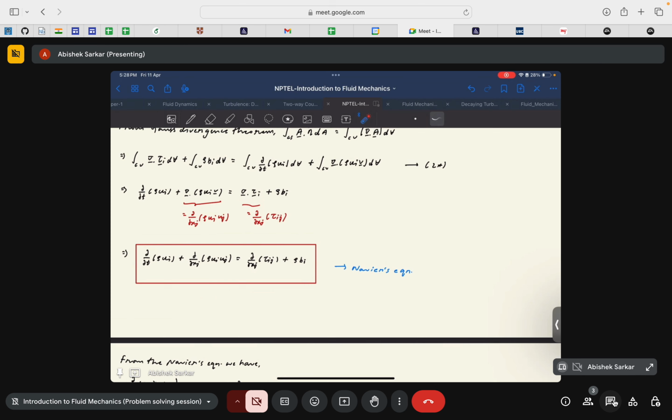Of course, that is found through experiments and analysis. So in that case, the starting point of your analysis should be the Cauchy's momentum equation, and not the Navier-Stokes equation. That's why this is a very important equation and is the more generalized form of momentum conservation of fluid motion. So that's the importance of this equation.